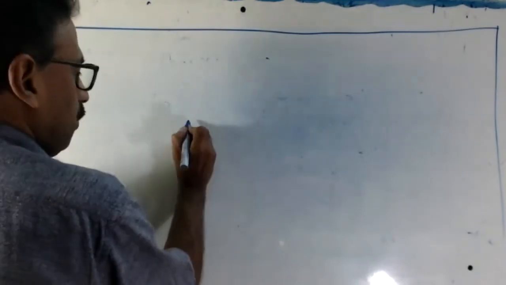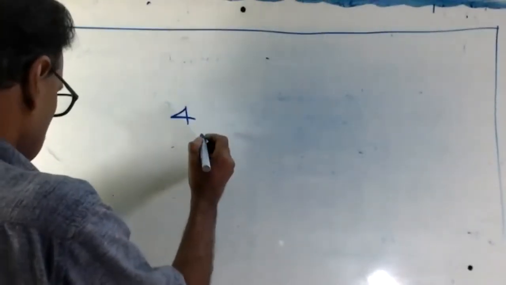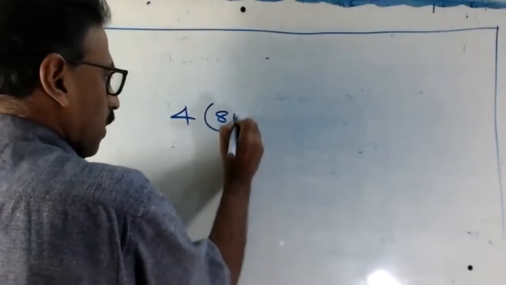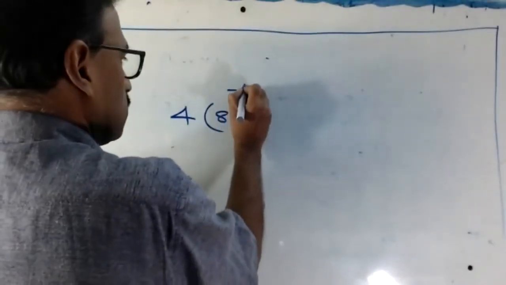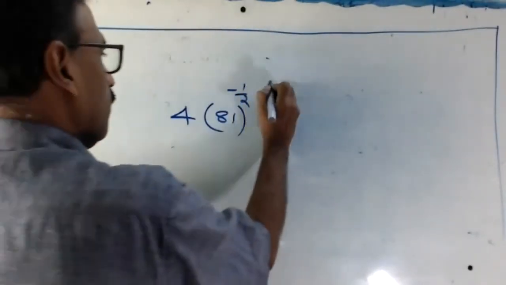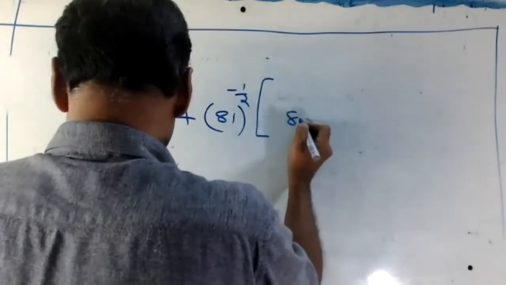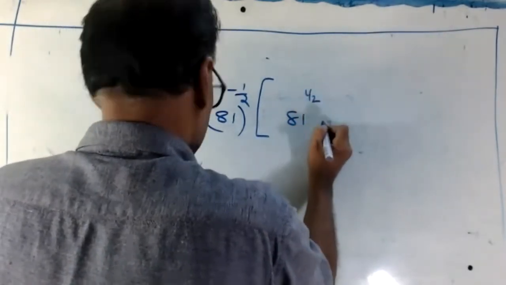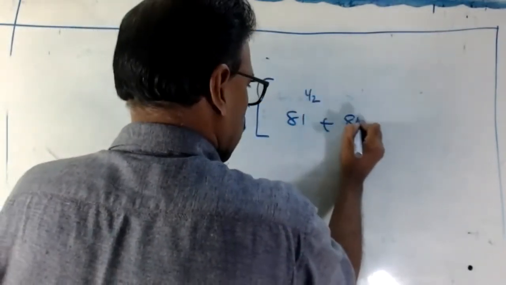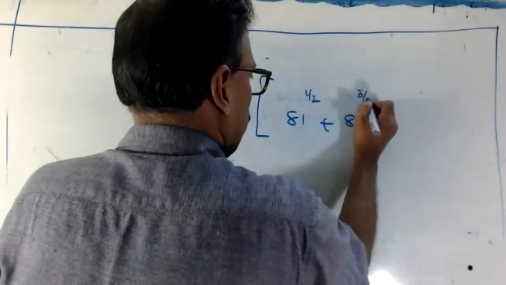4 into 81 whole raised to minus 1 by 2 into 81 raised to 1 by 2 plus 81 raised to 3 by 2.